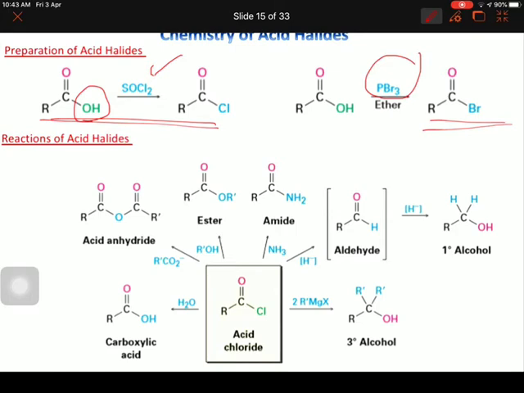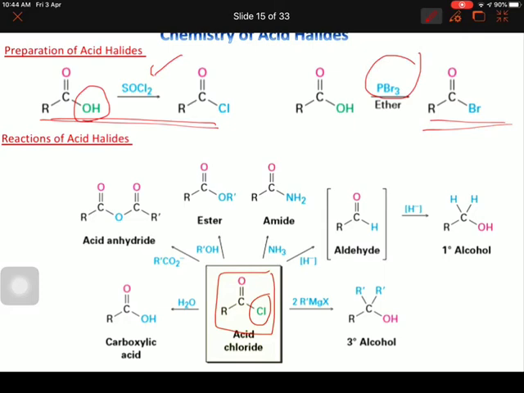The reaction of acid halide. The acid halide is more reactive because it is more polar, and the Cl is more electronegative and a good leaving group. So this compound, acid halide, is a very active compound. That's why it is easy to convert it to another carboxylic derivative.